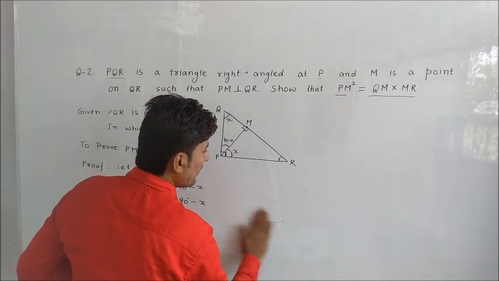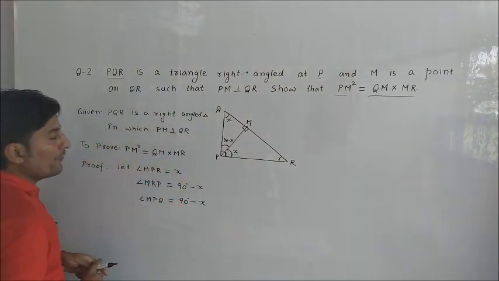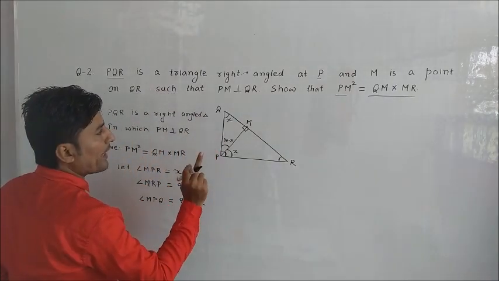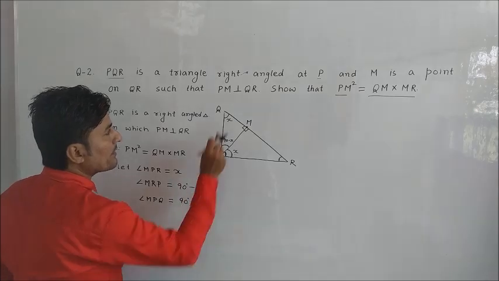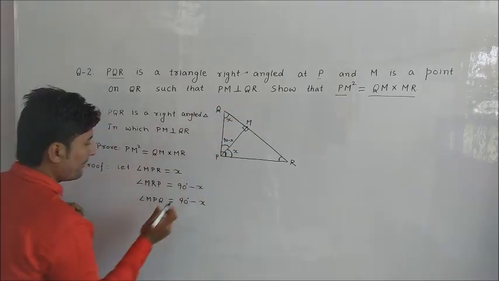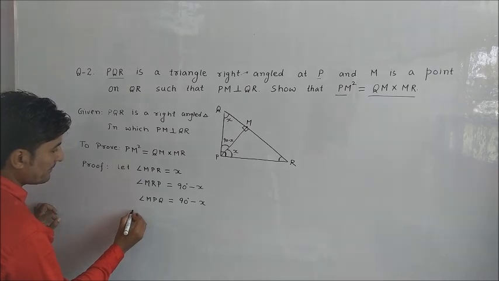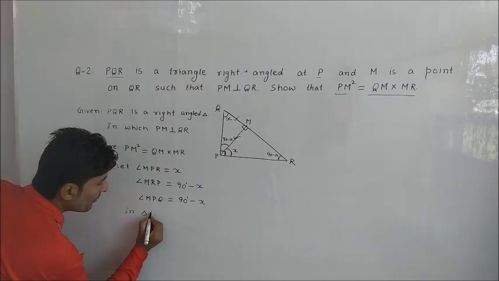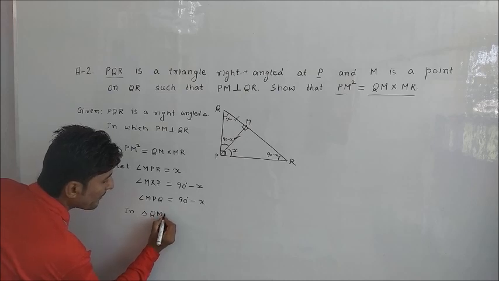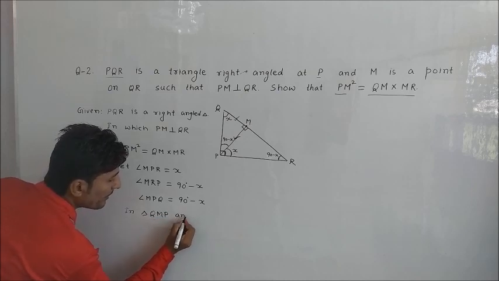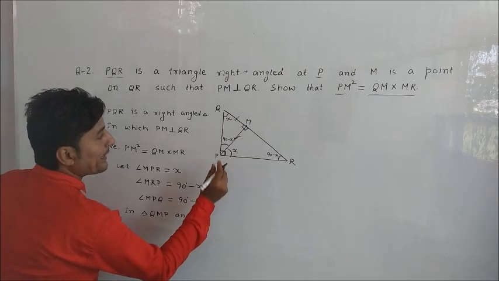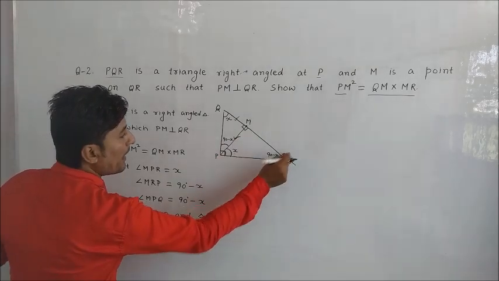Now after that, we have to consider two triangles. The very first triangle is QMP and triangle PMR.